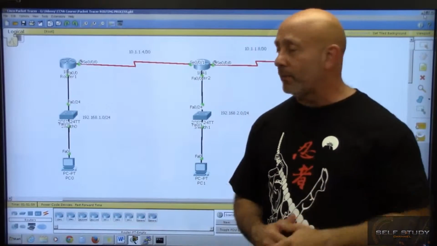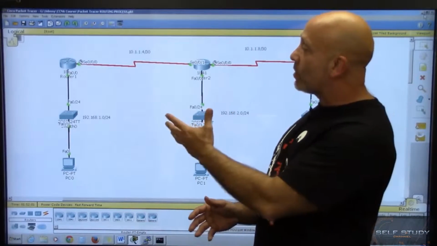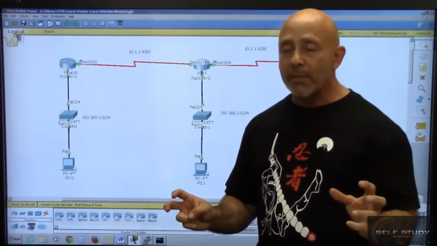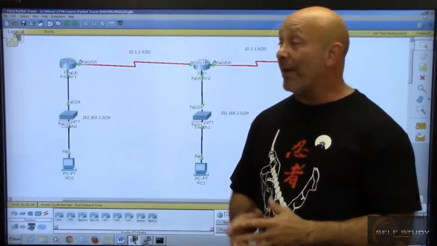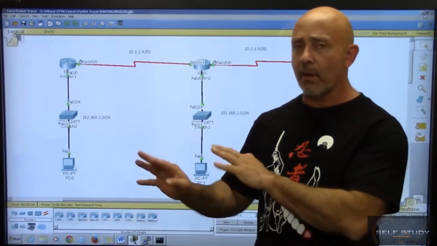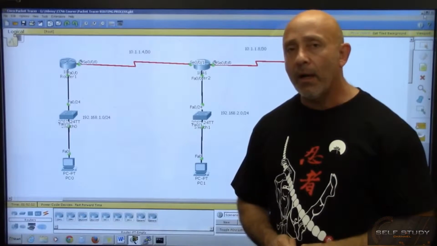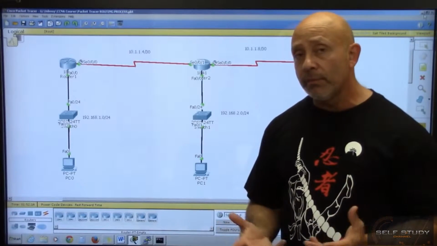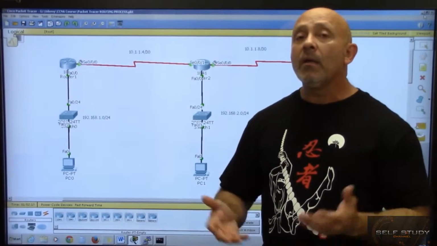But anyway, I'm getting off the topic. Static routes are okay for small to medium-sized networks. They're easier to configure, something quick to get done. But again, it's a burden on you depending on how many subnets your router doesn't know about.